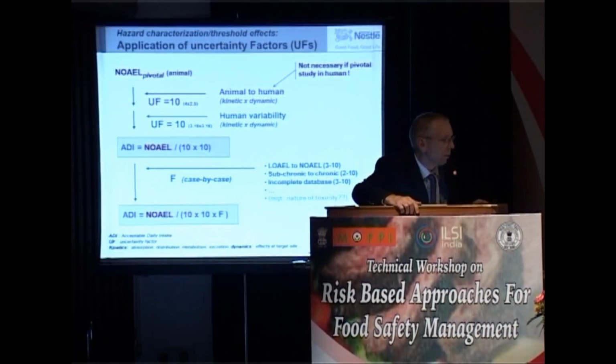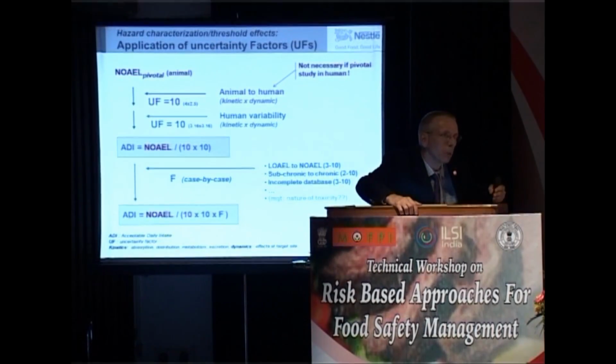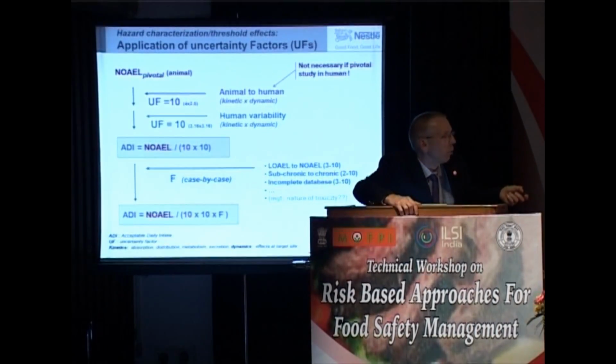So what are these factors? In general, when we start with animal studies, we have a factor of 10 devoted to dealing with the difference between the test animal and the human. These factors deal with kinetic differences, meaning differences in absorption and elimination between the test animal and the human, and also dynamic differences, which refer more to the sensitivity of the target cells.